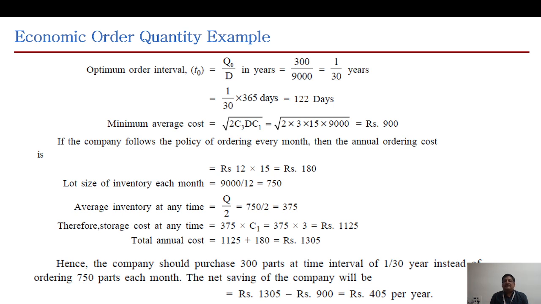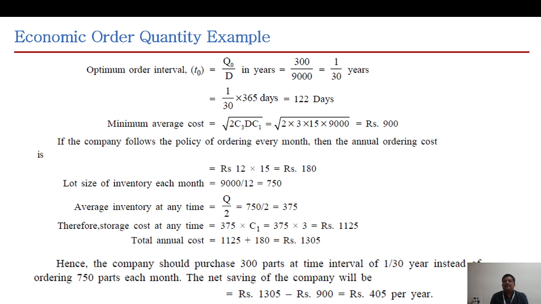Hence the company should purchase 300 parts at a time interval of 1 upon 30 year, instead of ordering 750 parts each month.